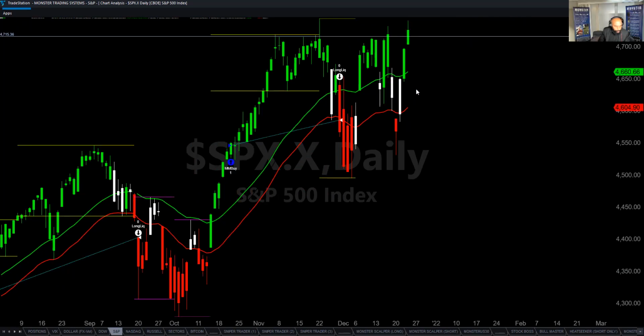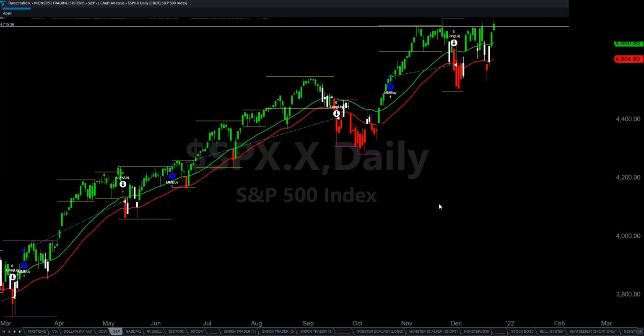Right here, you see it says buy. That's our buy signal. So this blue arrow is our buy signal. The white arrow here is our sell signal. Okay, perfect.